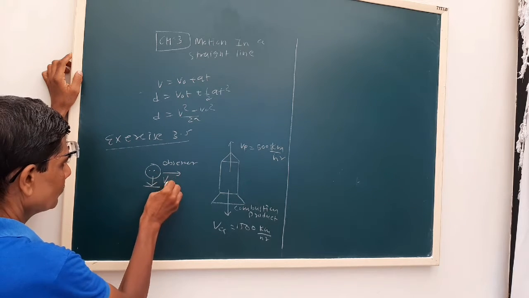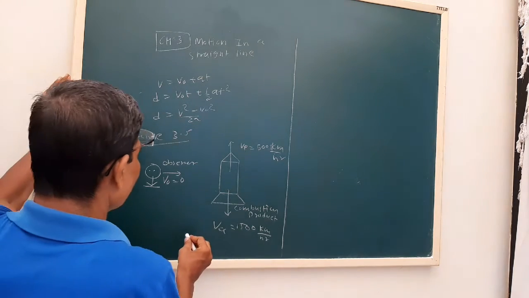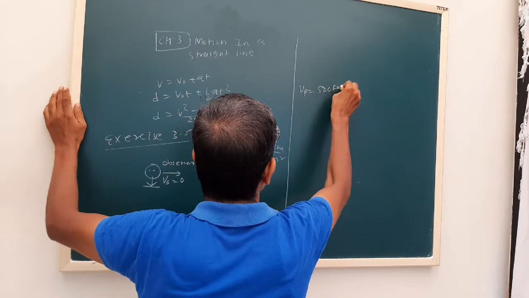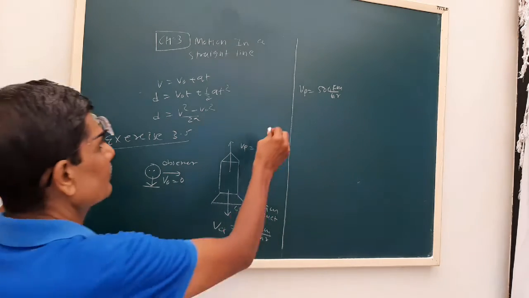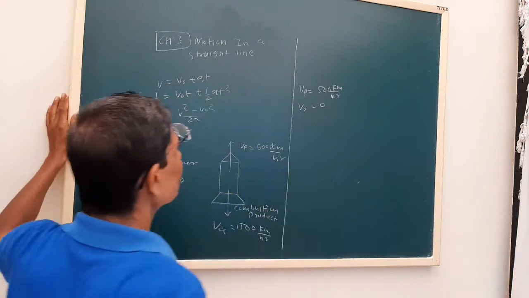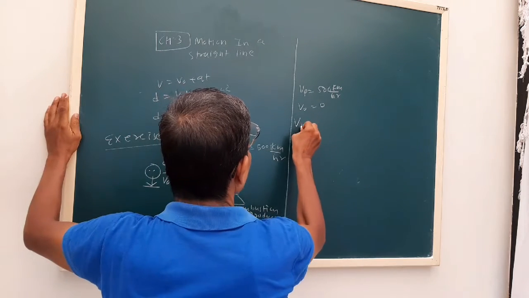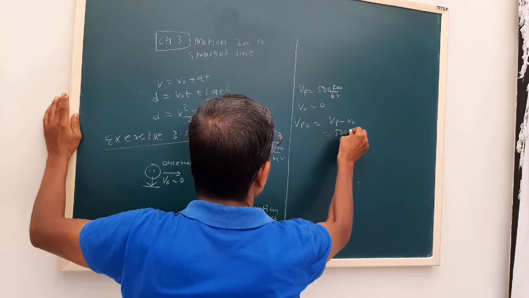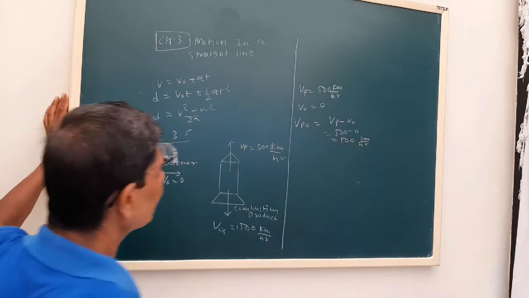Now, the observer we know is a stationary object. Now see, what is the velocity of the plane? What will be the velocity of the observer? V_O is 0. So what is the relative velocity of the plane, V_PO?